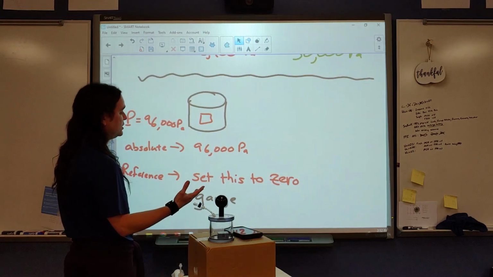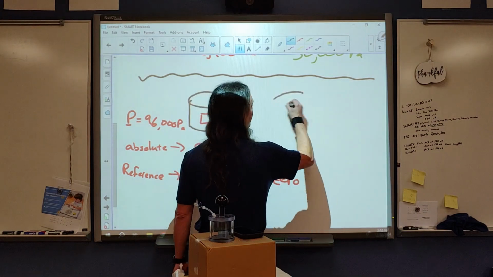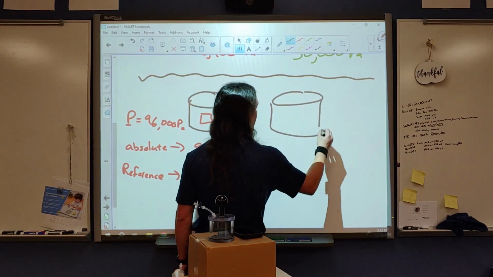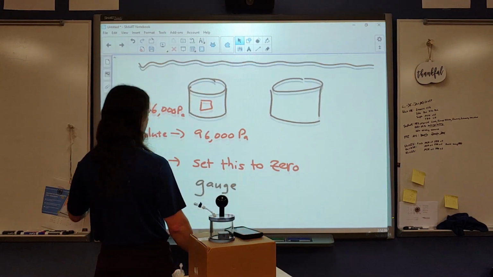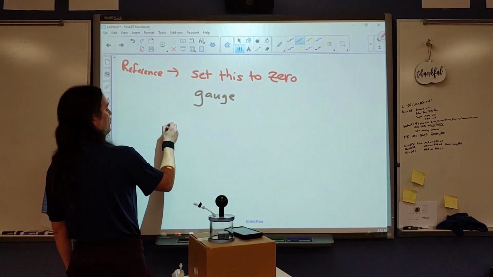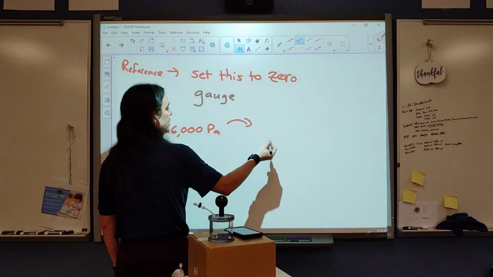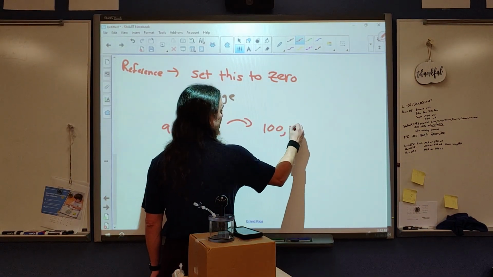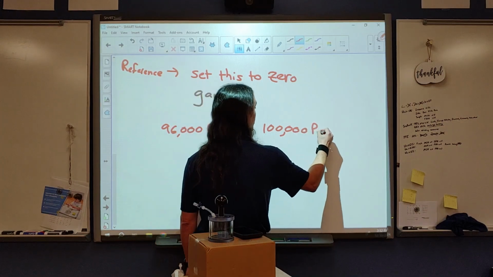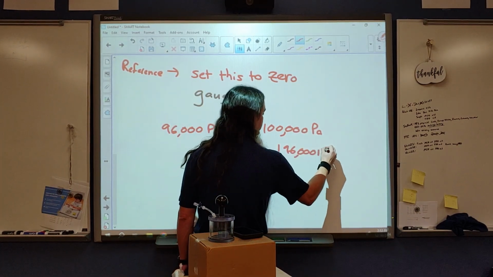And hopefully I'm not confusing things too much with this, but the way to approach this is, we could say the following. I could seal this up, and if I say my reference pressure is 0, I'm now going to say that instead of saying everything is 96,000 pascals, and that if I increase it by 100,000 pascals, then I would end up at 196,000 pascals.